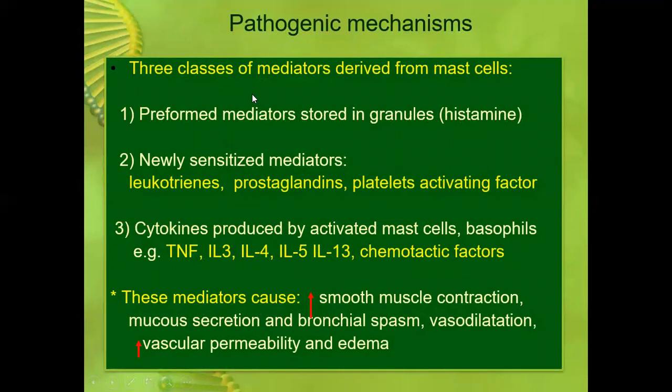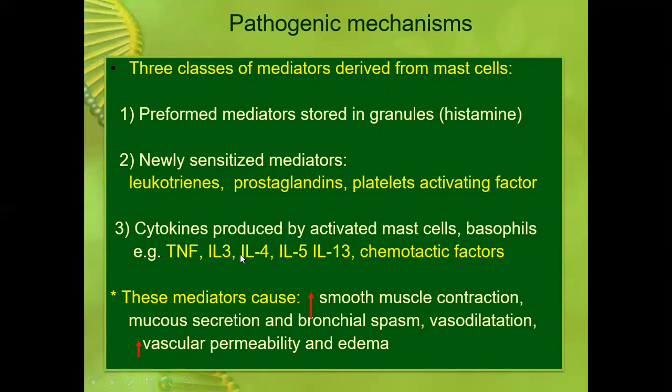And there are three classes of mediators derived from mast cells. They are preformed mediators stored in granules, that is histamines, and newly synthesized mediators such as leukotrienes, prostaglandins, and platelet activating factors. And the cytokines produced by activated mast cells and basophils are tumor necrosis factor, interleukin 3, 4, 5, 13, and some other chemotactic factors.